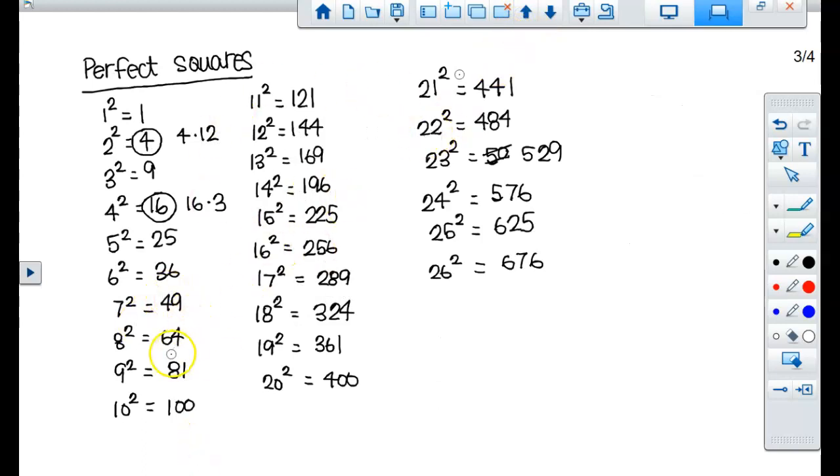So 72 would fall right here between 64 and 81. So I need to see which of these numbers above 81 will work. 72 will not divide by 64, so that's not a factor. It won't divide by 49. Will 72 divide by 36? I believe it will. 72 is 36 times 2. So there's what I want to use.